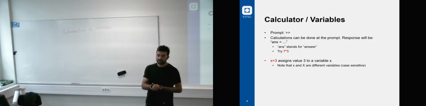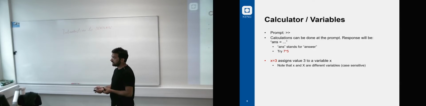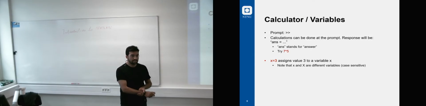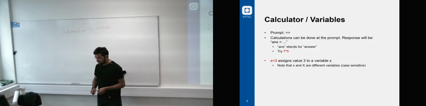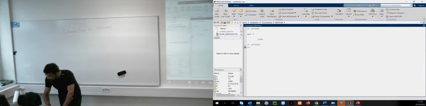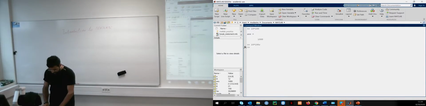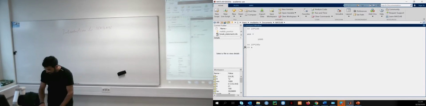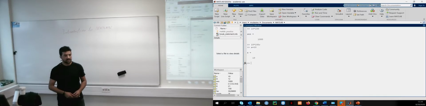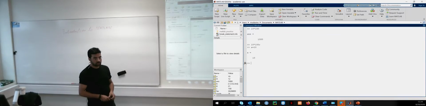The first variable I can take as A, and the second variable as B, and see if it stores. Okay, if I say A equal to 10 and hit enter, it will say that the variable A is storing the value 10.